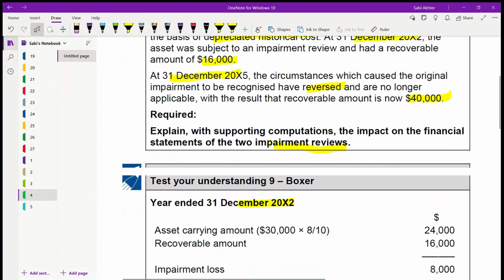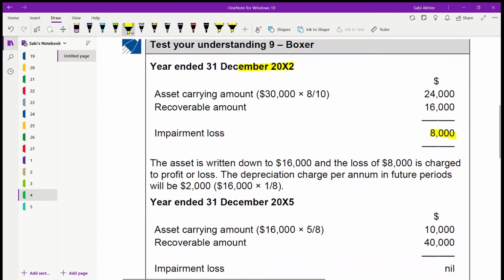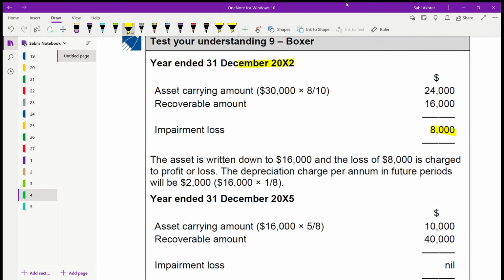So on 31st December 2002, 2 years depreciation you need to deduct. So after depreciation, it will be 8 over 10 into 30,000. And recoverable amount is 16,000, so impairment loss is 8,000. The asset is written down to 16,000 and a loss of 8,000 is charged to profit and loss.